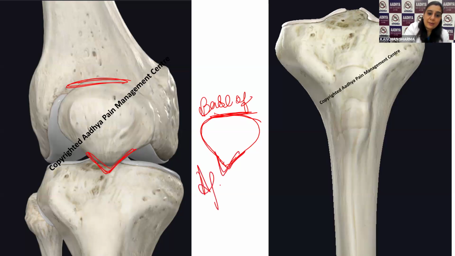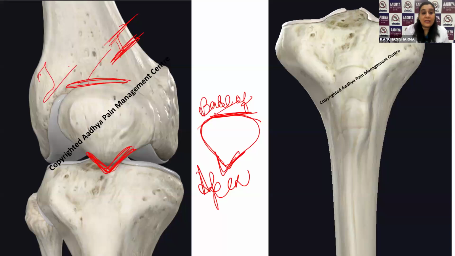So base is up, apex is down. The importance of learning this is that you have the insertion of the quadriceps tendon on the base and you have the origin of the patellar tendon from the apex. So one is your insertion and the other one is the origin.